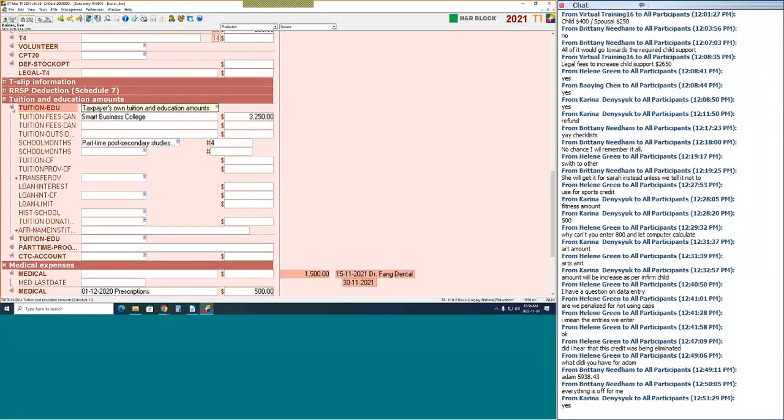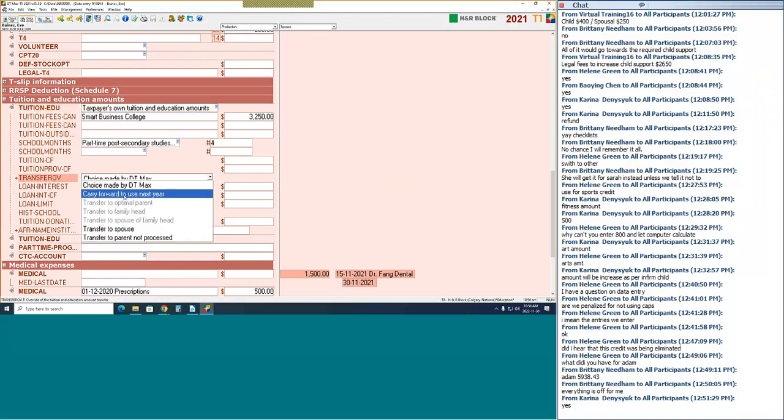So when you have connected files, the default is to transfer everything it can. If you don't want to, you're going to have a transfer OV spot. With Transfer OV, you can choose to carry it forward. You can say, don't transfer any, I want to keep it. Or you can choose how much you want to transfer.